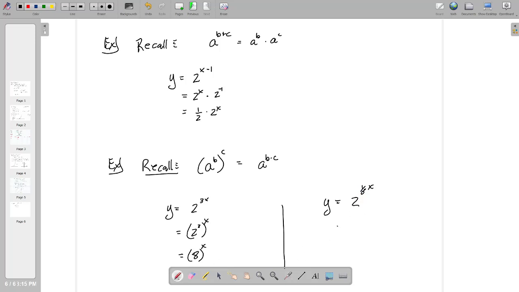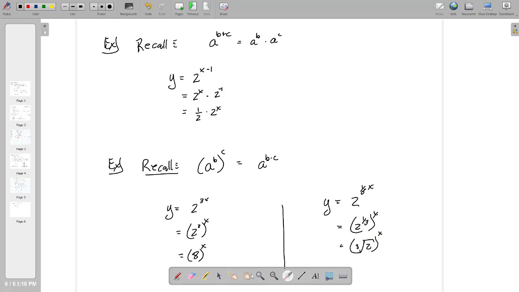Now, I can again rewrite this as 2 to the 1/3 to the x power, which would become the cube root of 2 to the x power. So instead of having a base of 2, now I have a base of the cube root of 2 as an exponential. So instead of stretching the graph horizontally, I can rewrite it as a completely different exponential.